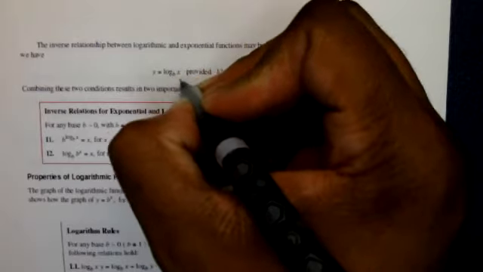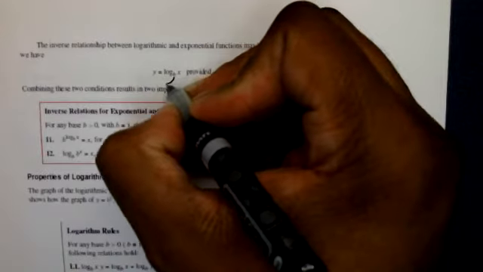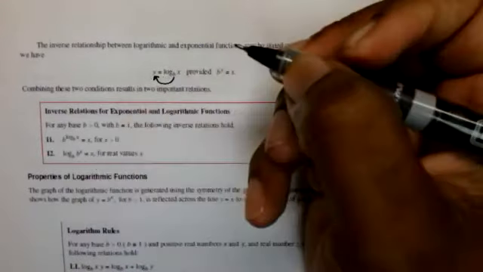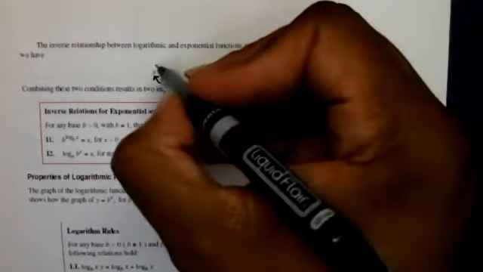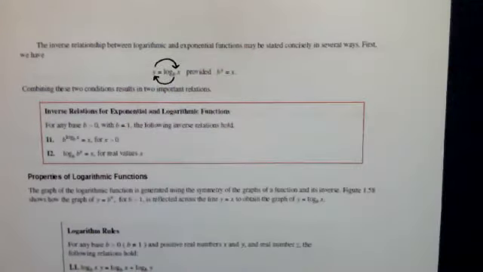So in other words, when we convert from logarithmic to exponential form, we start with the base. What's in front of the equal sign would be your exponent for your base, and then that's equal to whatever you're taking the log of. So y equals log to the base b of x means b to the y equals x.